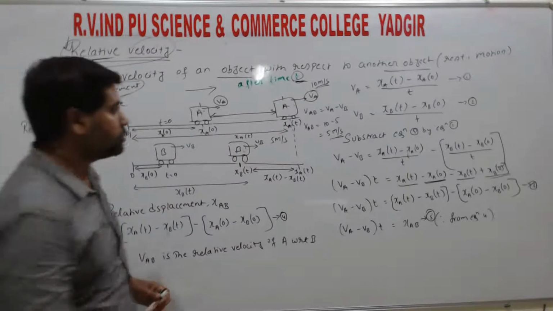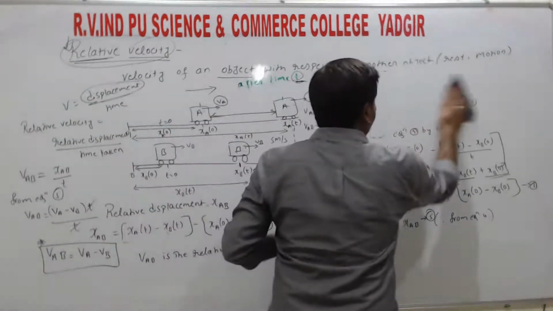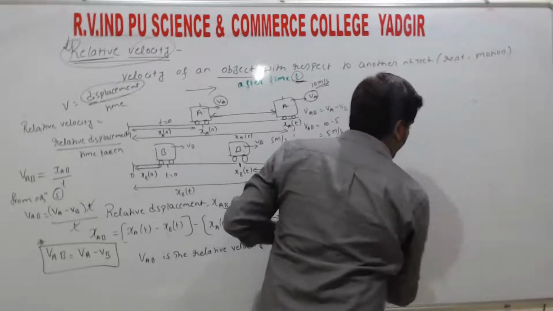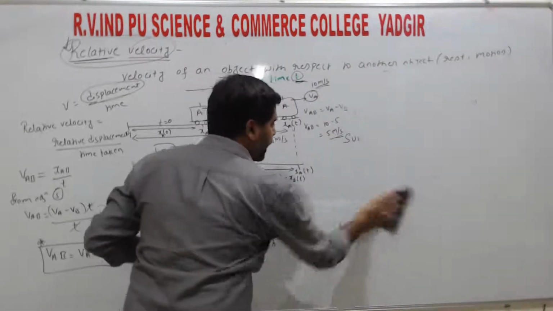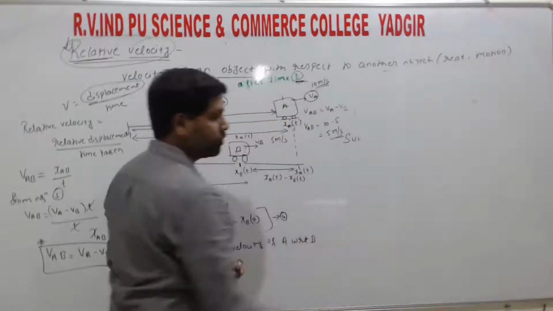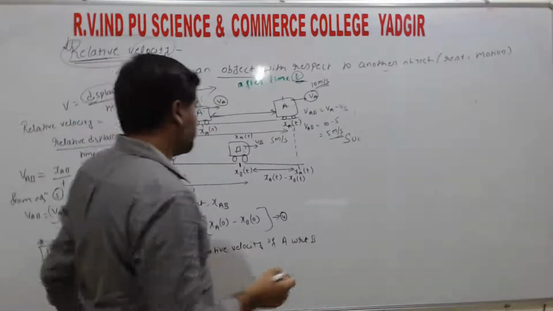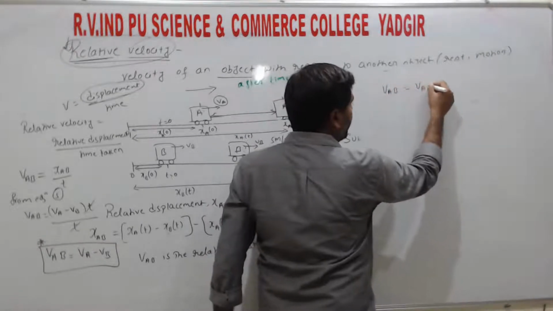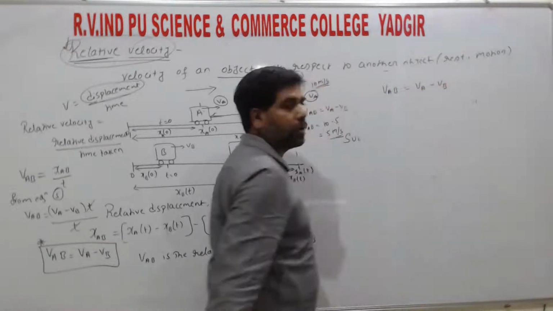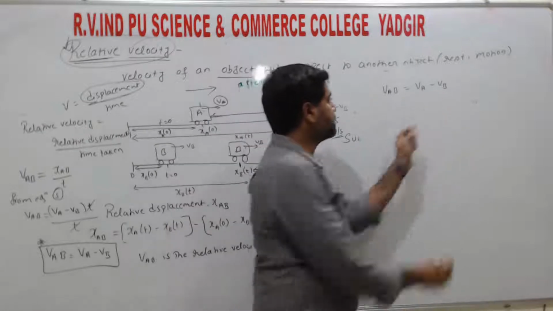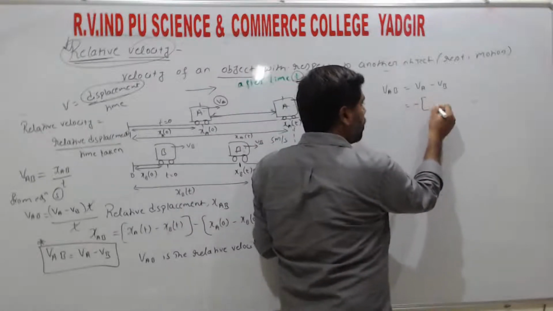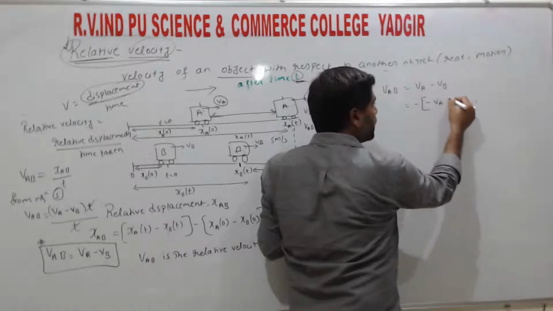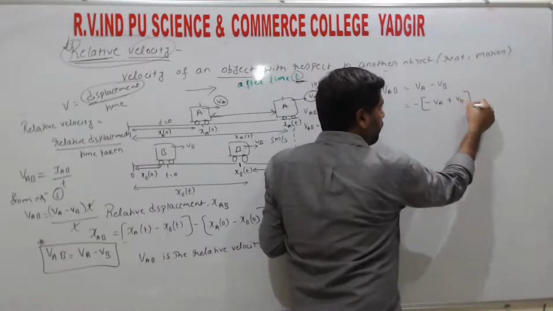Next, if we need to find the relative velocity of B with respect to A, by using this relation, VAB equals VA minus VB. On the right hand side, if we take a minus as common, VA becomes minus VA, and minus VB becomes plus VB.